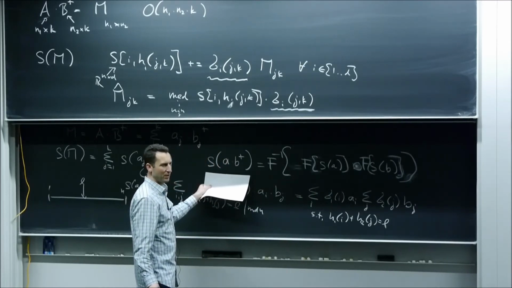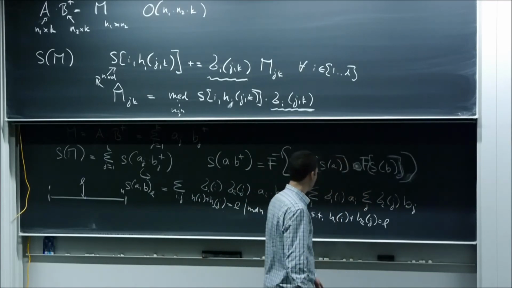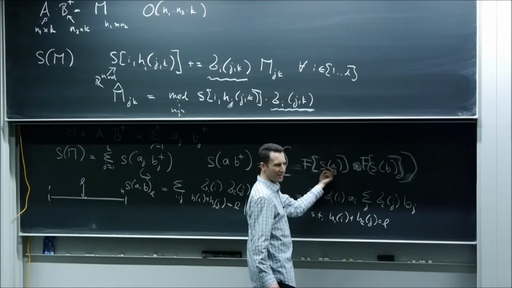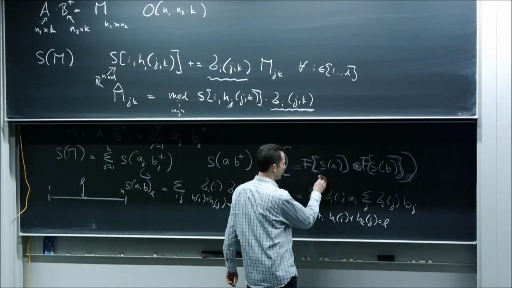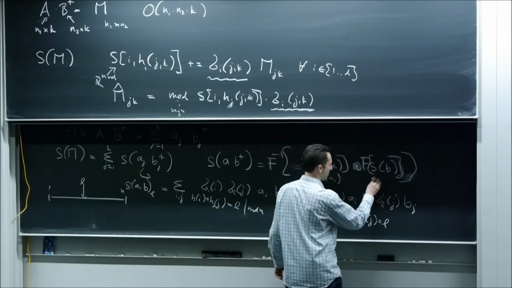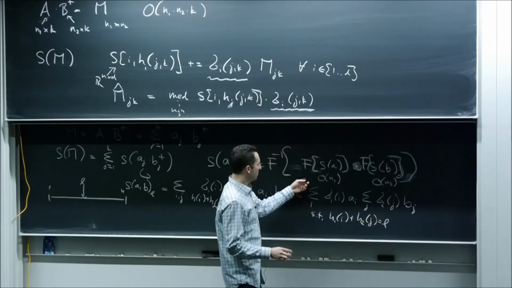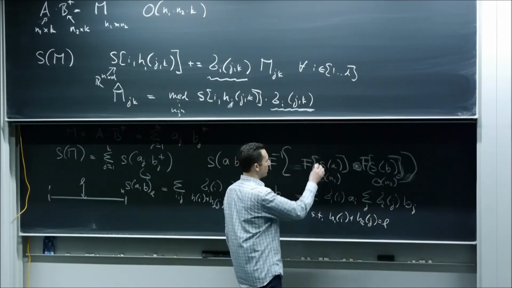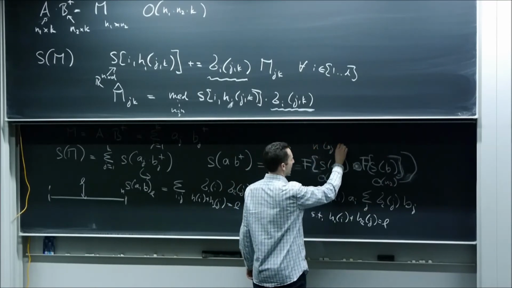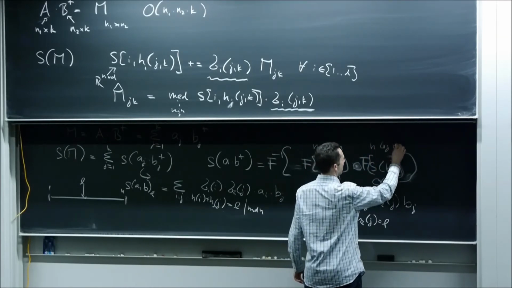So now all we're going to do before ending the class today is just do an op count here. So computing this thing here is going to cost order n1. This costs order n2 operations. Doing the Fourier transform is going to cost n log n. Likewise here, n log n.